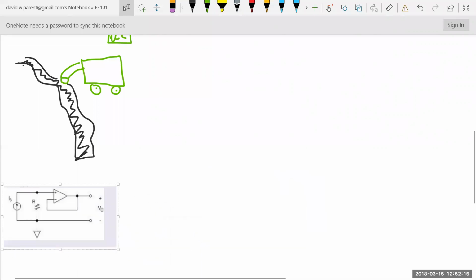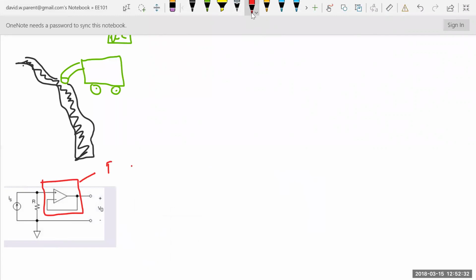All right, here's another interesting example. So when I look at a circuit, I try to think, what can I recognize first? And I look at this, and hey, that's a voltage buffer.